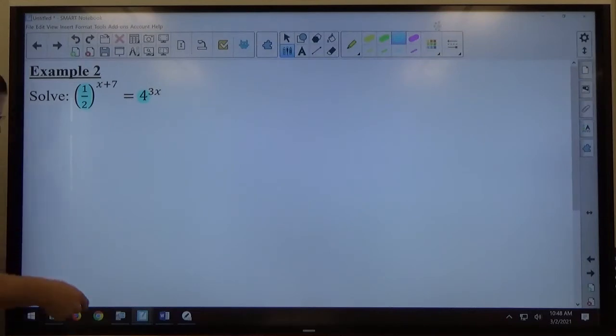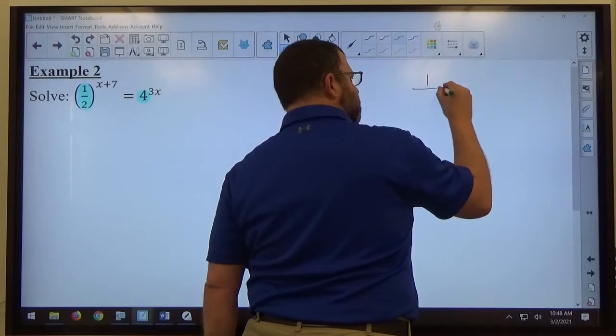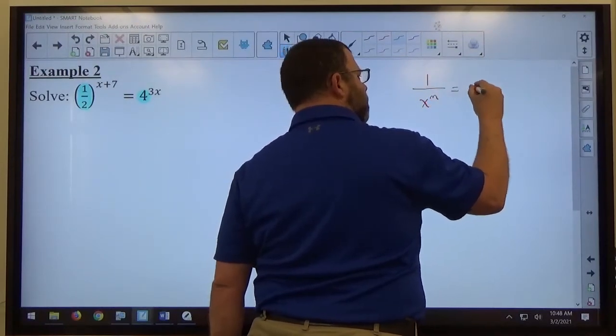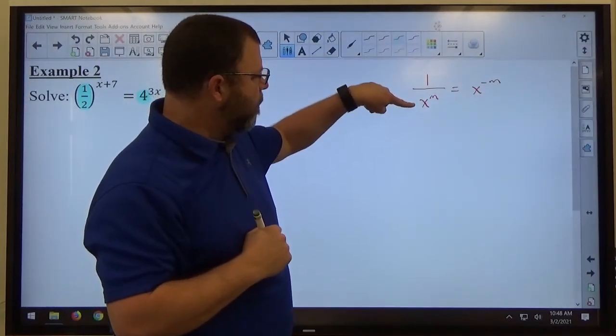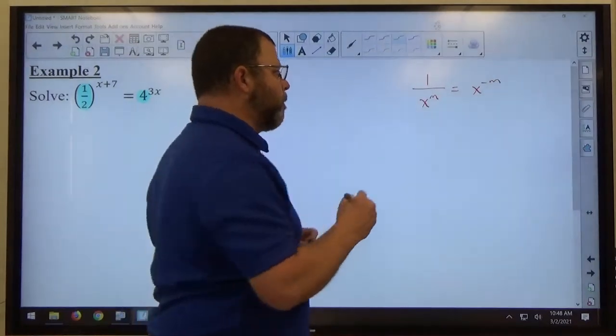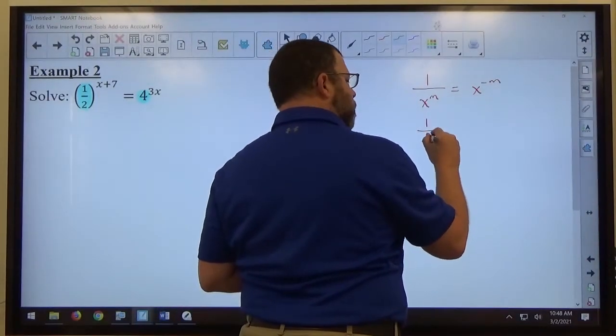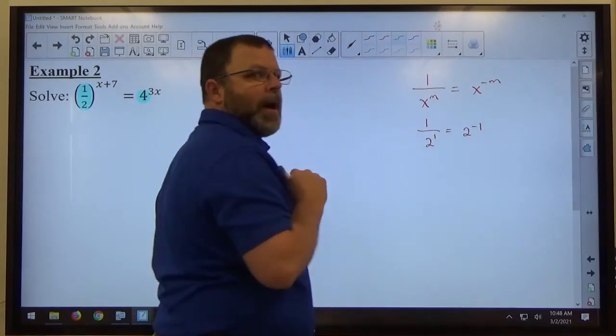I'm looking at 1/2. Recall that if you have a fraction structure, you can put the object on the bottom to the top to a negative power. So if I'm looking at 1 over 2, which is officially 1 over 2 to the first power, that's the same as 2 to the negative first power.